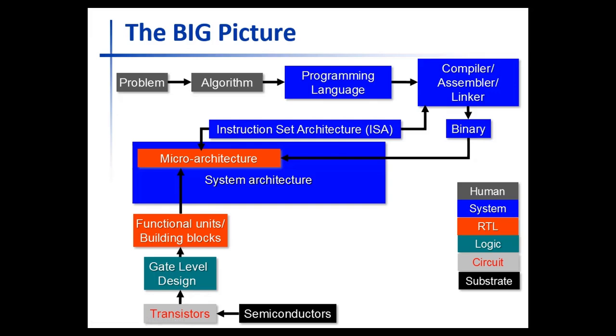Those instructions could be something like add numbers together, subtract one number from the other, multiply two numbers together, or load a number from memory into the CPU, or store a number from the CPU into the memory, right? All kinds of different basic activities will be well defined in that instruction set architecture.